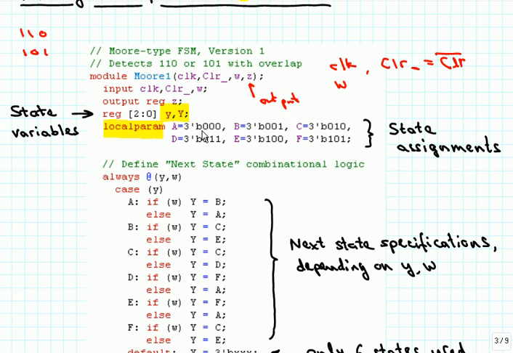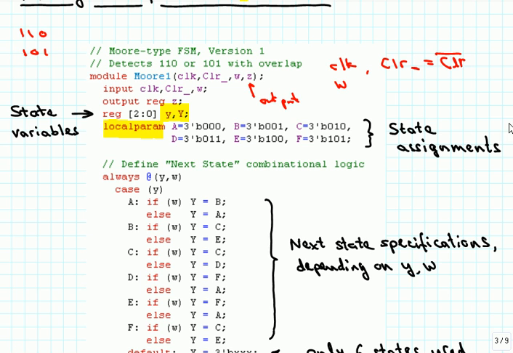We chose just to count up here 000, 001, 010, etc. And because this is called a local parameter, the localparam, we cannot change those assignments from the outside, which makes sense. We do not really want to change the state assignments from a module that's higher in the hierarchy of modules.